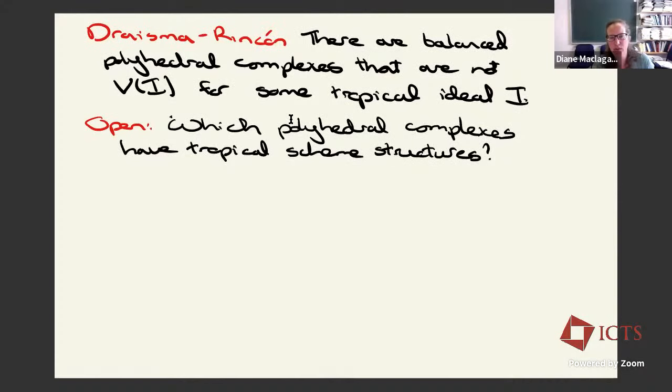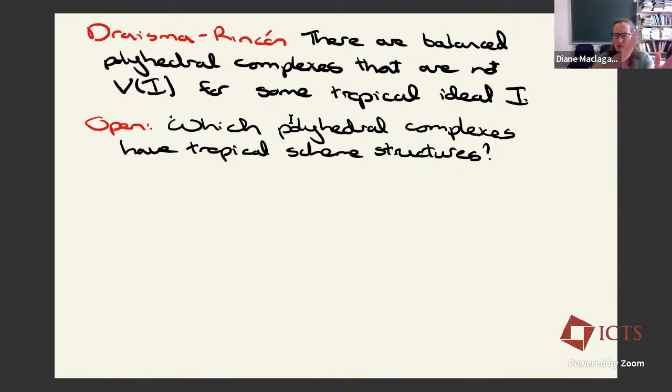I'll just observe that this is a result of Jan Draisma and Felipe Rincon, that there are balanced polyhedral complexes that are not varieties of tropical ideals. So it's fairly common in tropical geometry to just refer to a balanced polyhedral complex as a tropical variety. But this is saying not every balanced polyhedral complex has a tropical scheme structure.